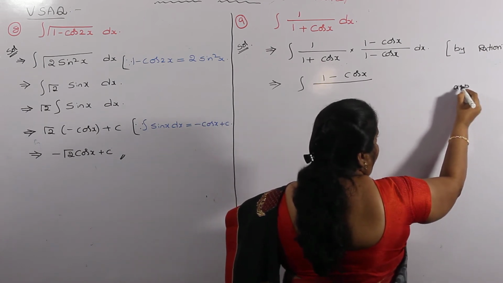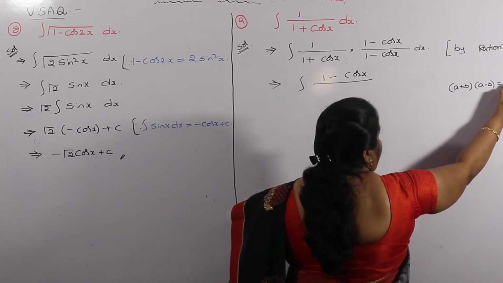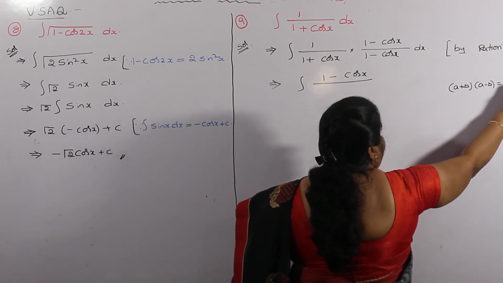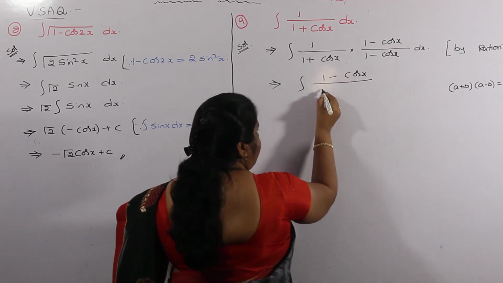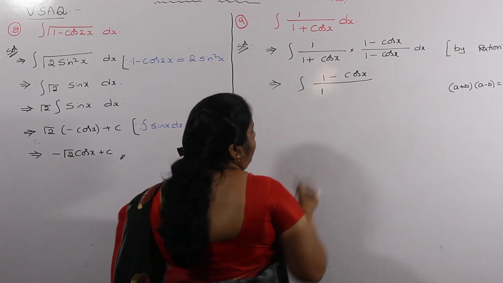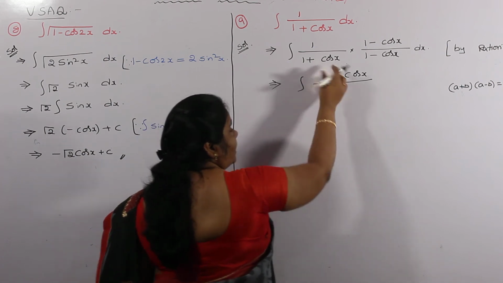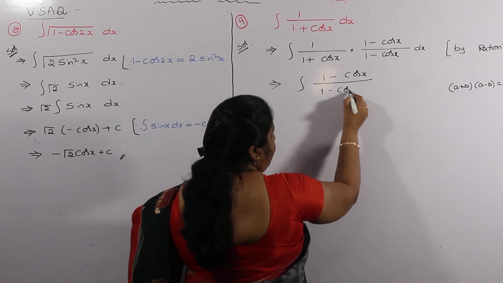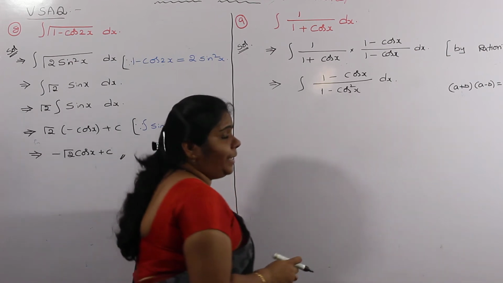Apply this formula. A square is 1 square, which is 1, minus b square, where b is cos x here. So 1 minus cos square x dx.